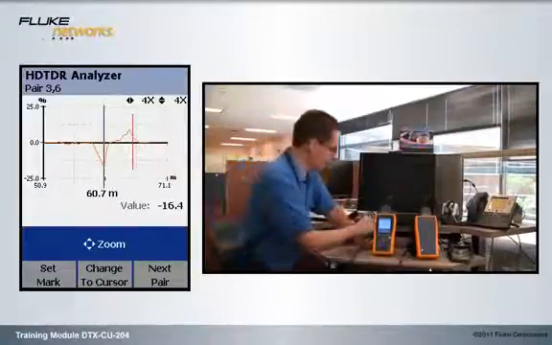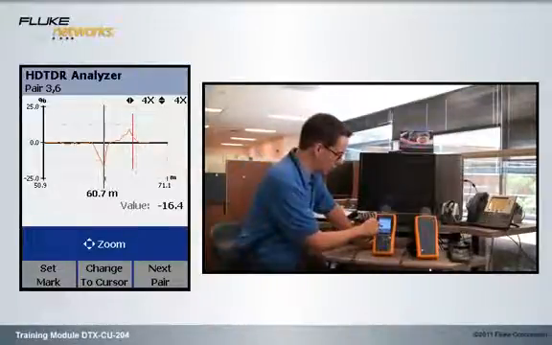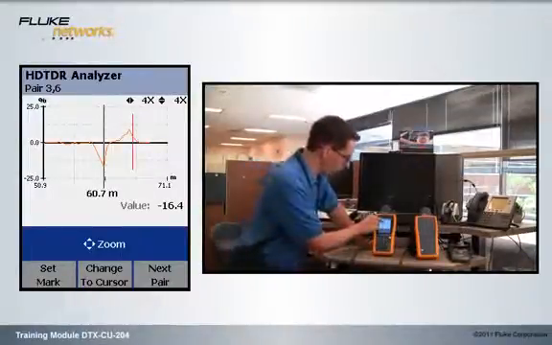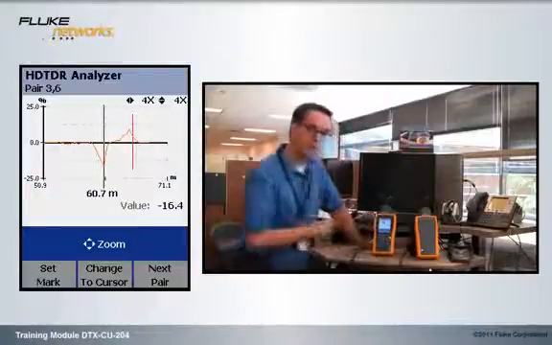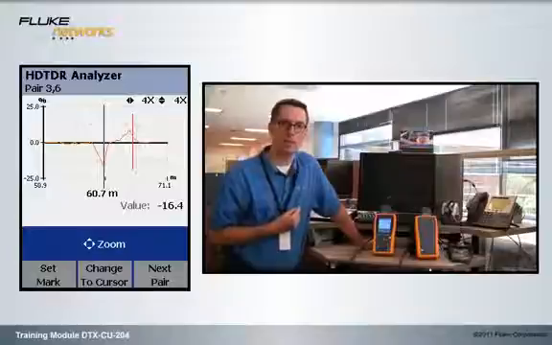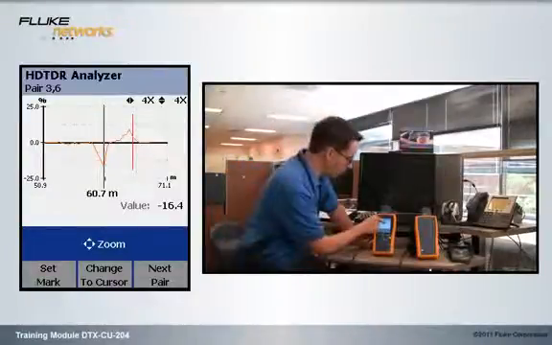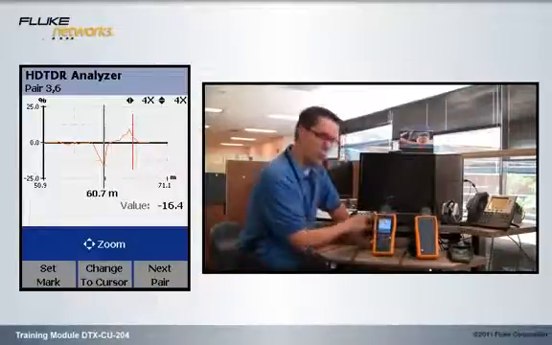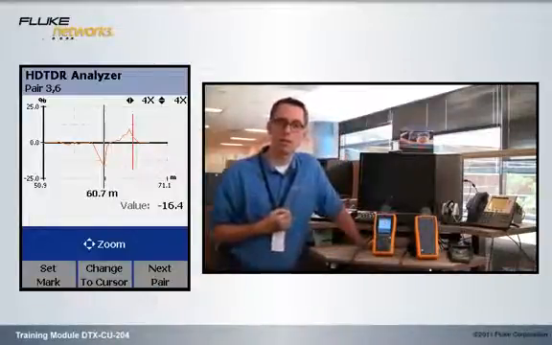What that is telling me is that my impedance changed by roughly 16.4%. So from this point on, it's definitely not 100 ohms. It's probably more like about 85 ohms. And then when it gets to almost the end of the link, we get a positive number and it comes back down again, and that returns us to roughly about 100 ohms.